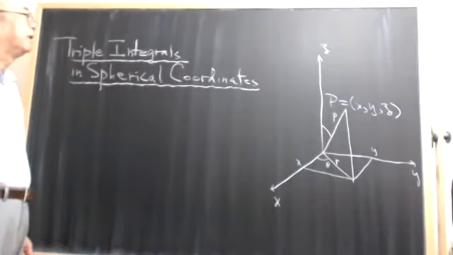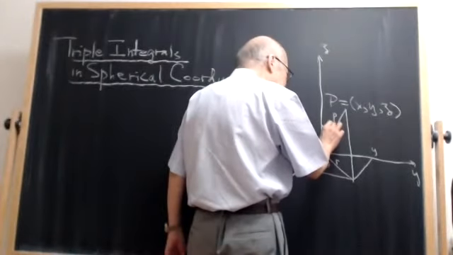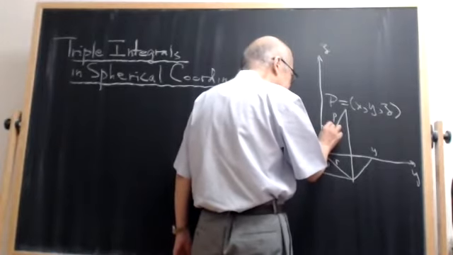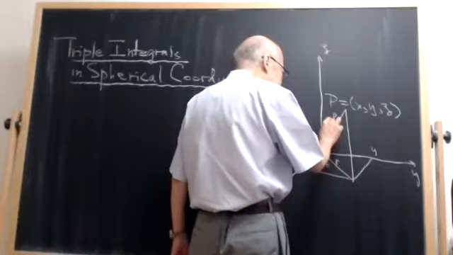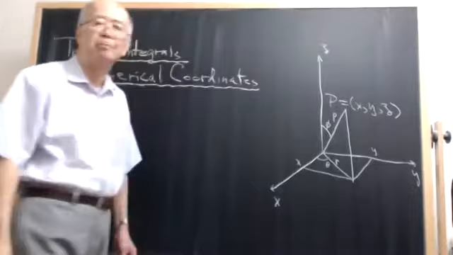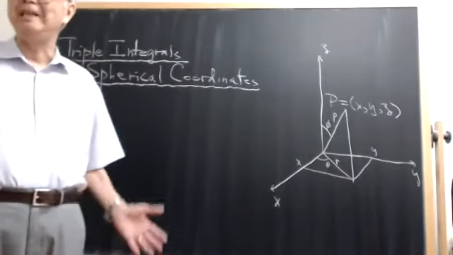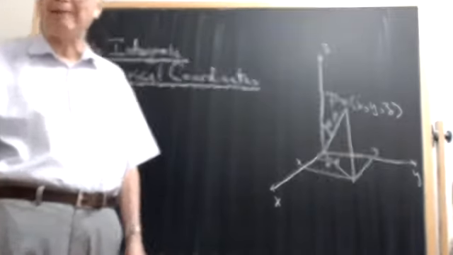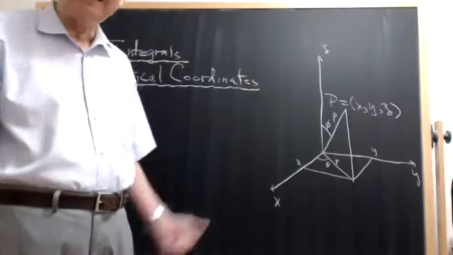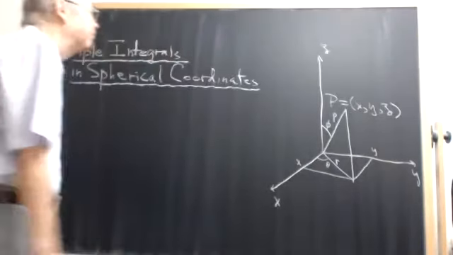Now, this azimuthal angle is denoted by phi, like the empty set. But this phi is used to mean many things in mathematics. And in this case, it is the azimuthal angle.